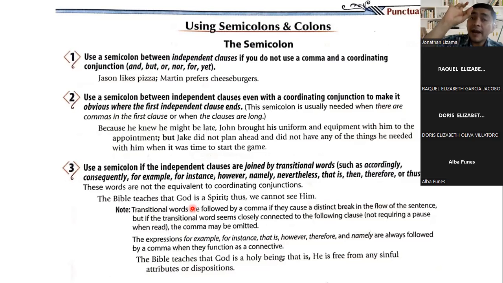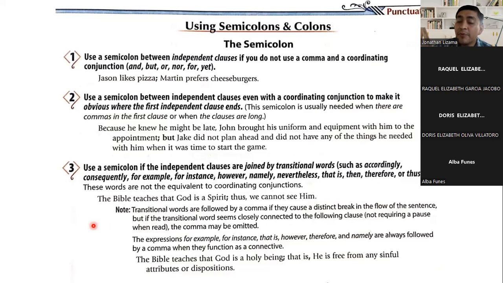Todo el tiempo usted le va a agregar semicolon, luego le va a agregar una transitional word con la primera letra en minúscula, como en el caso que está ahí, ahora una coma, y sigue con la siguiente oración que va a ser independiente. We cannot see him. Got it? Transitional words are followed by a comma. Ahí está lo que le estaba diciendo.